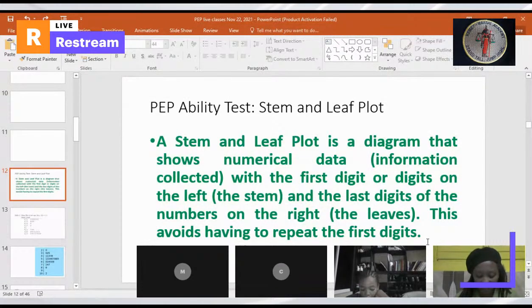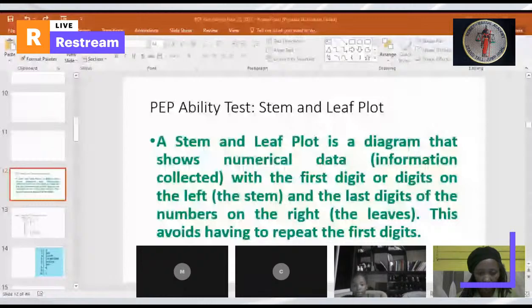So that is the definition. Okay, Amari, go ahead and read the definition for me.